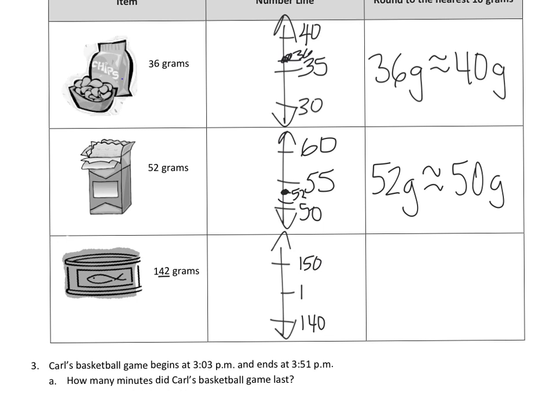And my middle number is 145. Great. So 142. 140, 41, 42. That was some bad handwriting on my part there. So we're going to say 142 grams is about 140 grams. We rounded down on that one too.